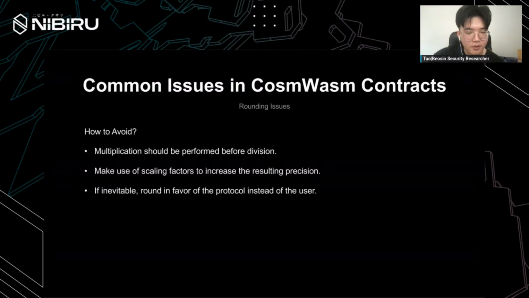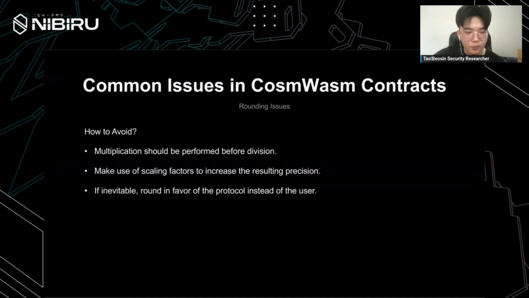And also, if the rounding issues are inevitable, you should round in favor of the protocol instead of the user. That's one thing you need to do.